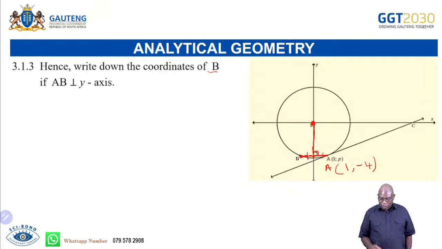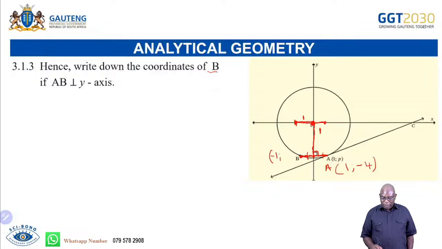I know the distance from here to here is 1, so the distance from here to there must also be 1. I'm talking distance now. So if this is 1, the B coordinate is going to be -1. The X value will be -1.